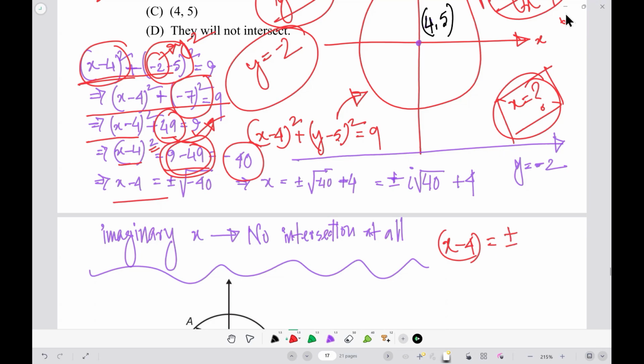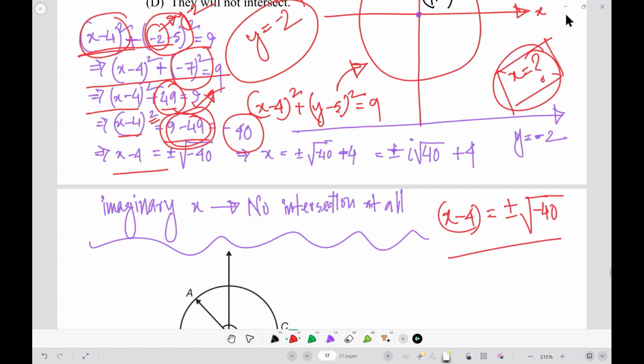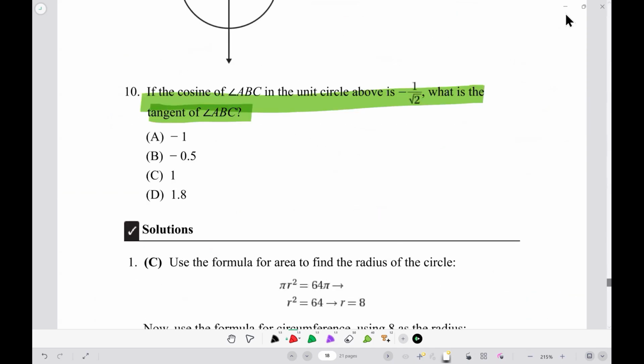And the most important thing is, you cannot take the root of a negative number without introducing the imaginary number.